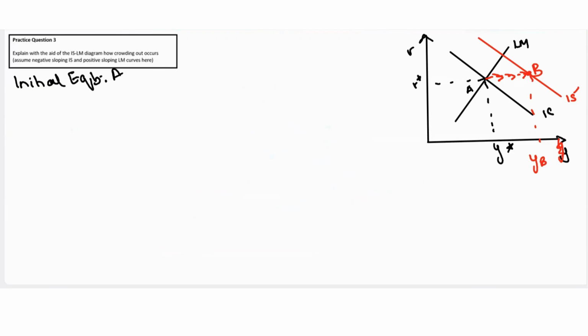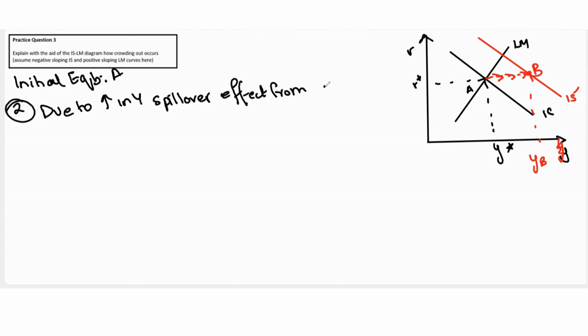Okay, so the next thing that's going to happen is, due to the increase in Y, there's a spillover effect from the goods market to the money market.